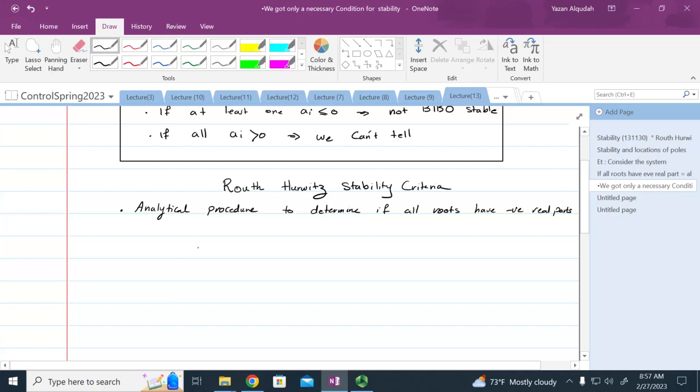And this tool will give us the number of roots that have a positive real part.